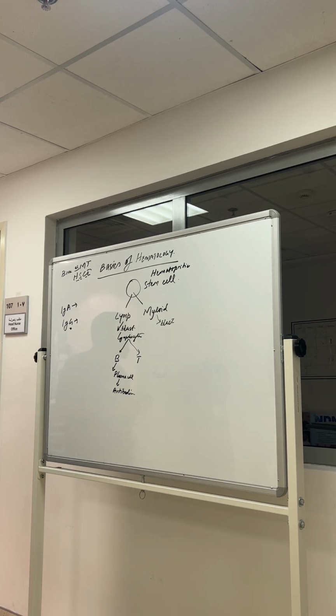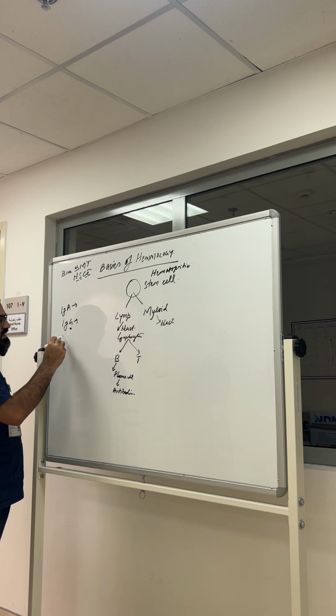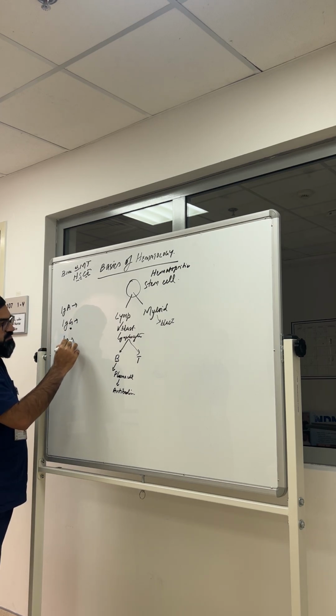IgG is the smallest antibody, and this is responsible for most of the cross-antibody reactions. Like in pregnancy, IgG will cross the placenta and go to the child. So if the blood group is different, the IgGs will be responsible for causing the reaction, and we have to give the mother the injection. IgG, immunoglobulin. Then you have IgM.